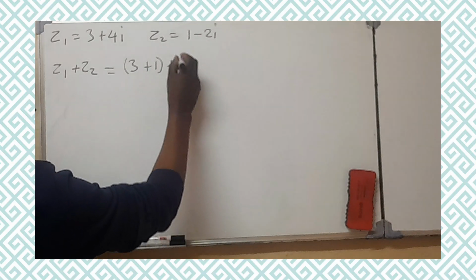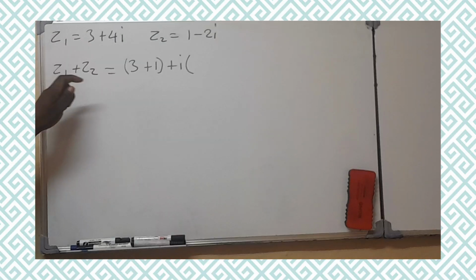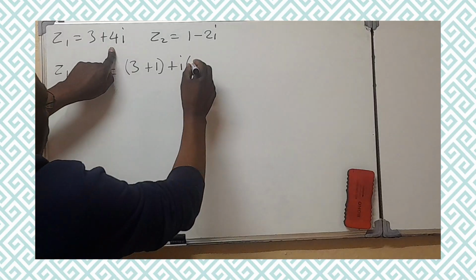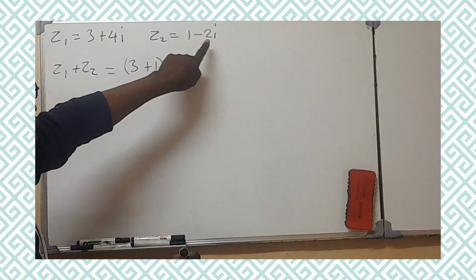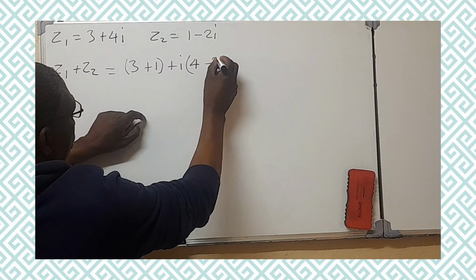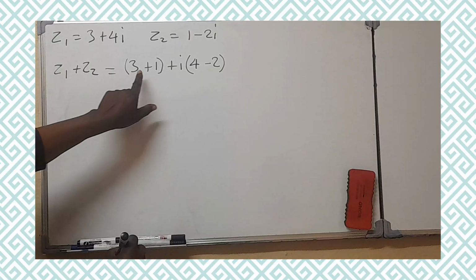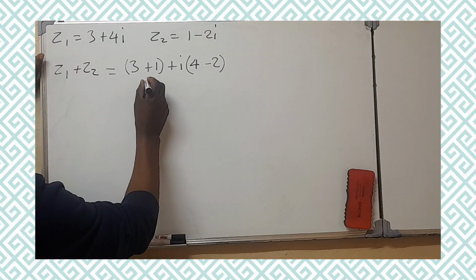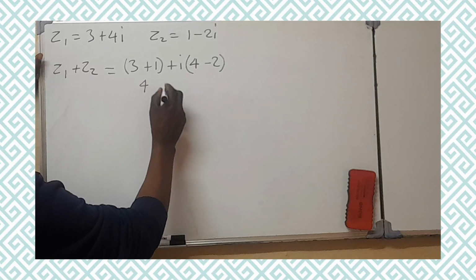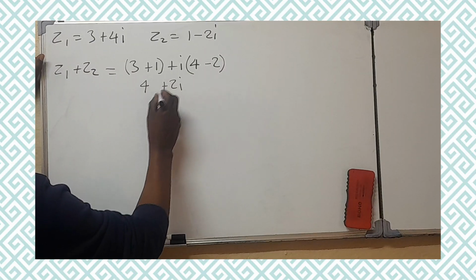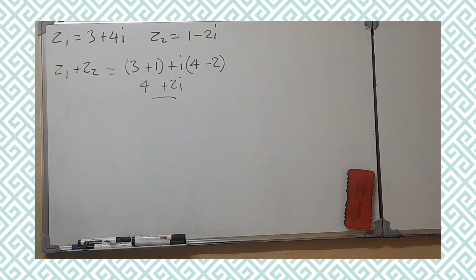Then we take our i, put our bracket there, the imaginary part here is 4, and the imaginary part here is minus 2. Then we simplify, 3 plus 1 is equal to 4. 4 minus 2 is equal to 2i. That is Z1 plus Z2.